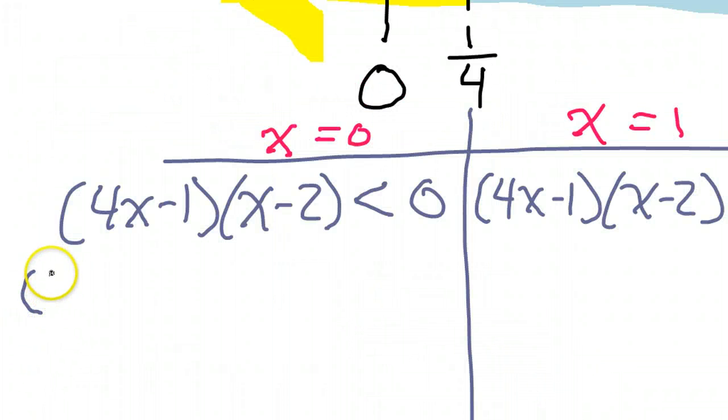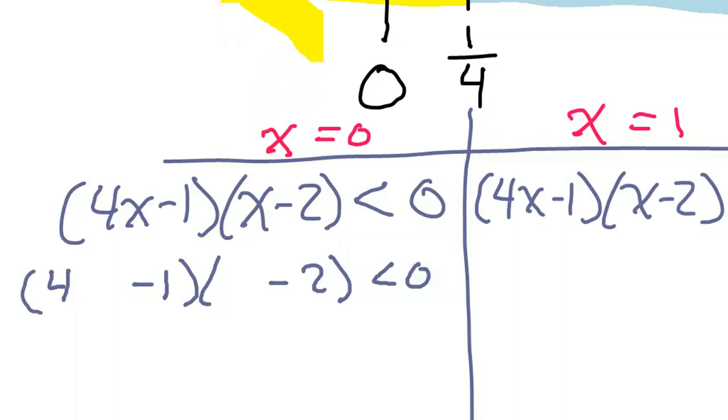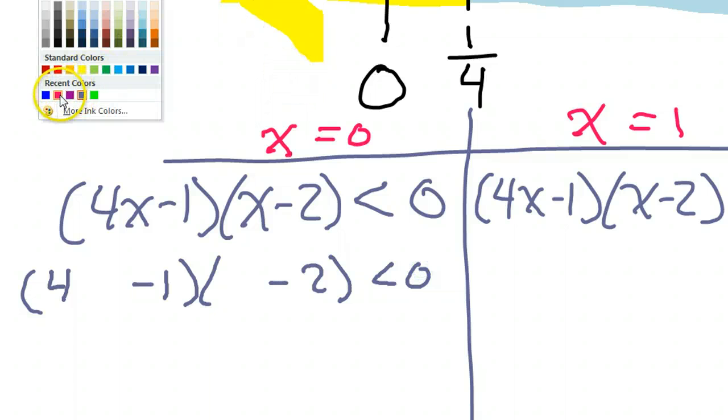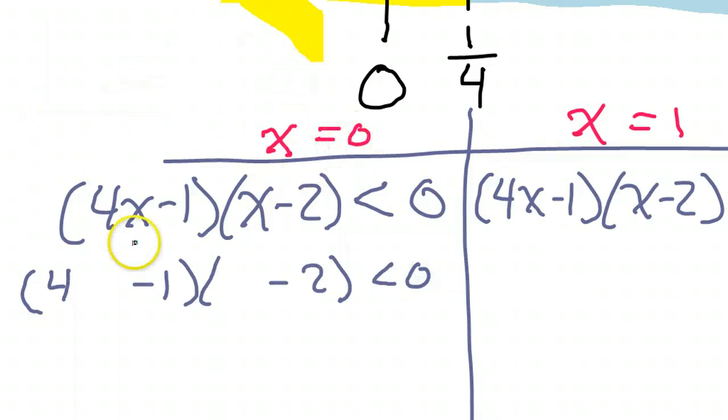Let me just set this up here. I've got 4 minus 1 minus 2 less than 0. I'm just leaving a space so I can substitute this in colorfully. So I'm plugging in 0, so 4 times x becomes 4 times 0 minus 1, and then x minus 2 would be 0 minus 2. You see what I'm doing here.